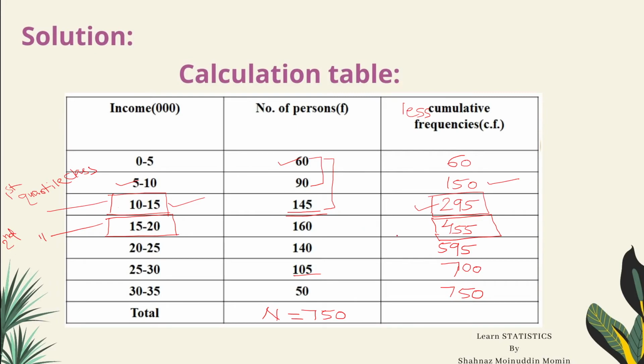The cumulative frequency just greater than 562.5 is 595. This frequency is just greater than 562.5 and the corresponding class is 20 to 25.